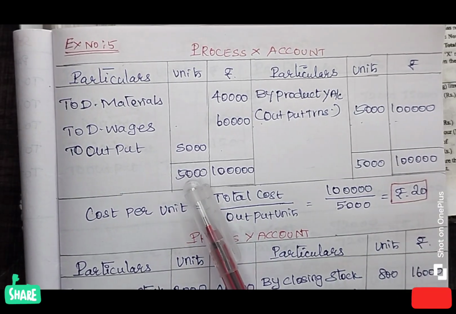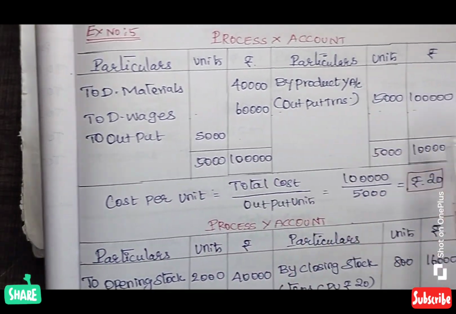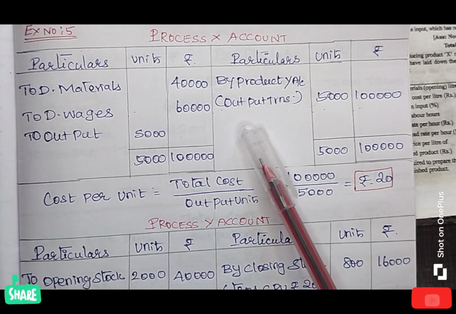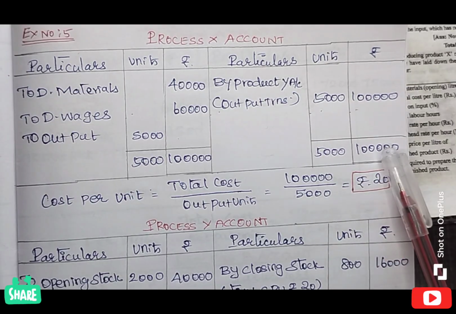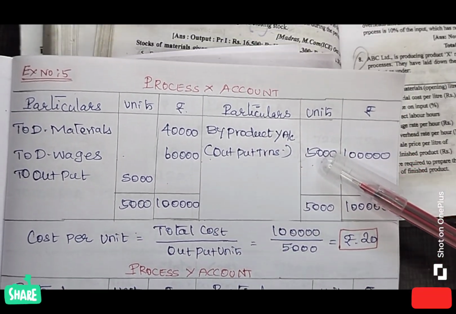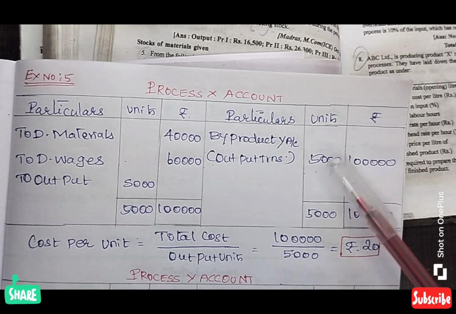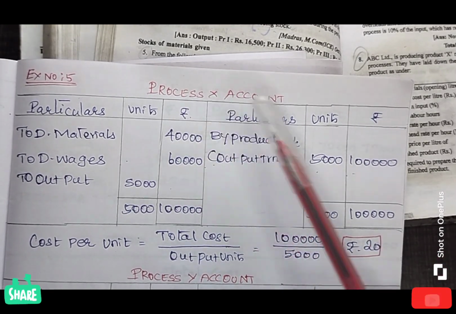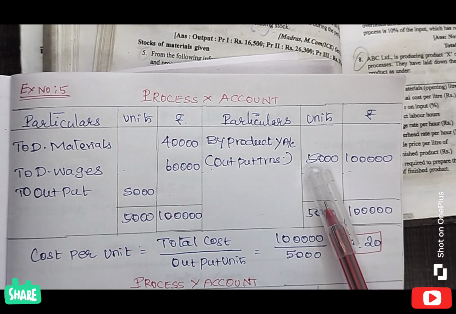Listen, so on the debit side we consider that 5,000 unit as the input. On the credit side there is no value, there is no adjustment on the credit side. So the same total unit and the total cost you are going to enter on the credit side. This is called the balancing figure. That balancing figure is called output. At the end of process X, you got the total cost of 1 lakh rupees and 5,000 unit output.